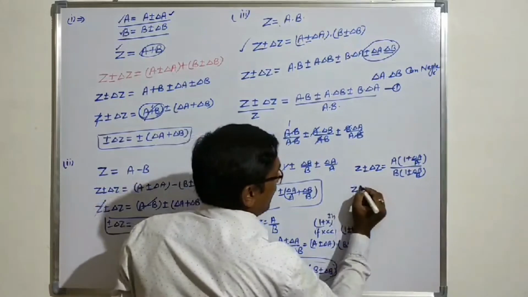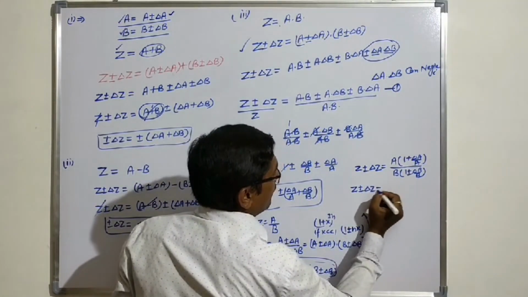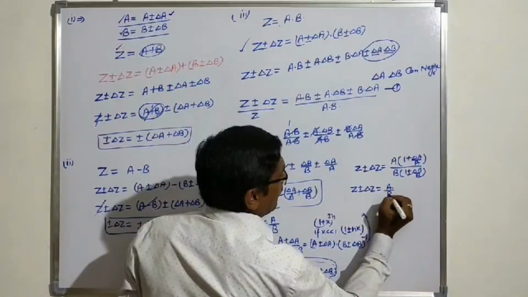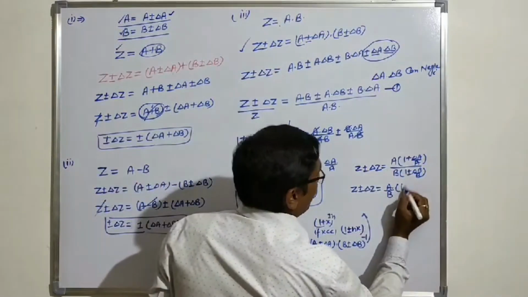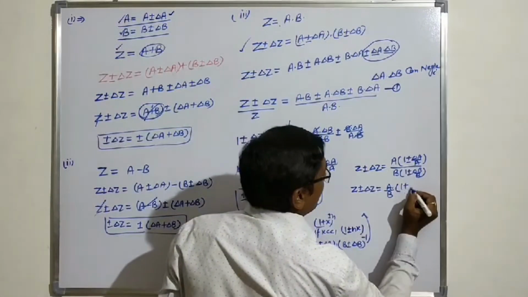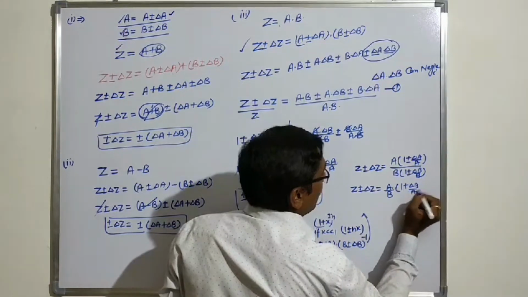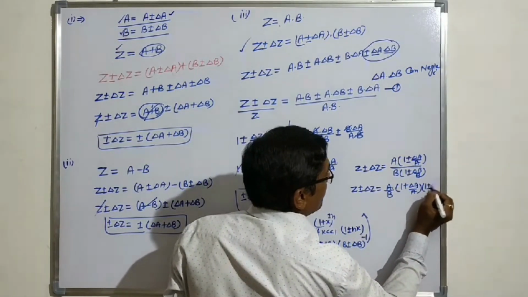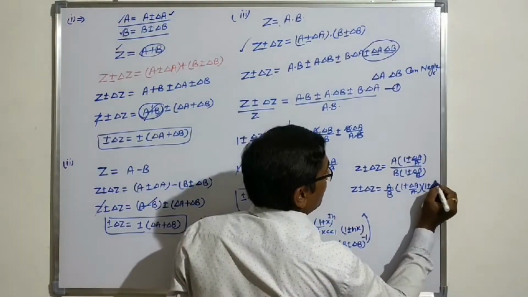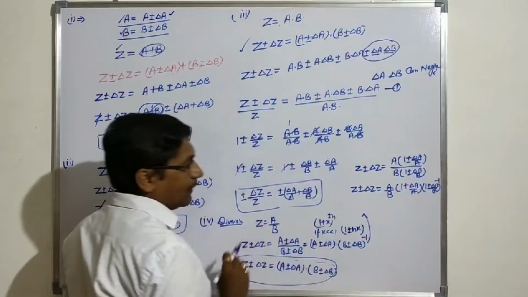This is z plus or minus del z equals a upon b, and now we can write 1 plus or minus del a upon a, dot 1 plus or minus del b upon b to the power minus 1.